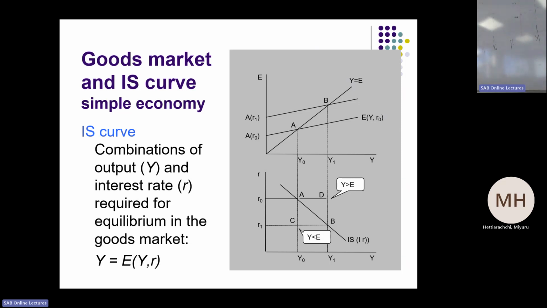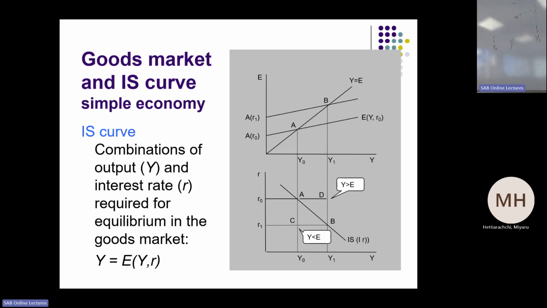Now in the same way as we did earlier, we can assume a lower interest rate R0, with the particular higher investment. It associates with I equal S, so that determines the income. So one point we can take.